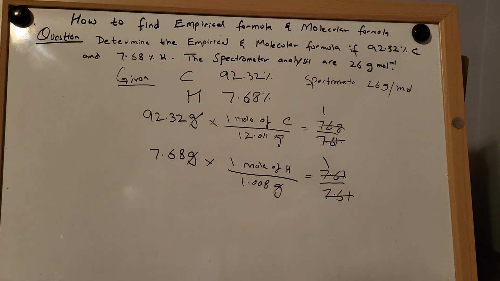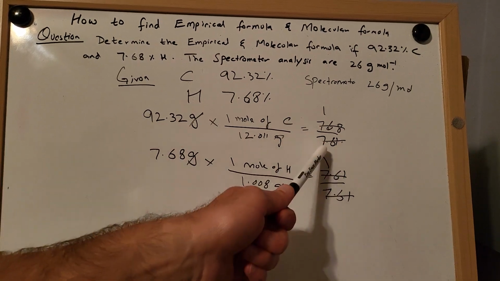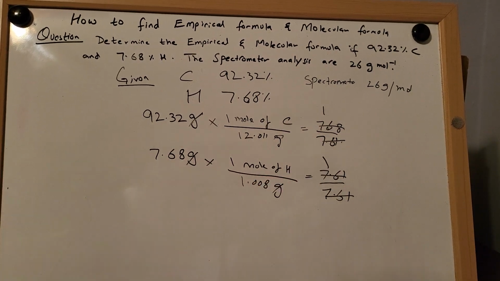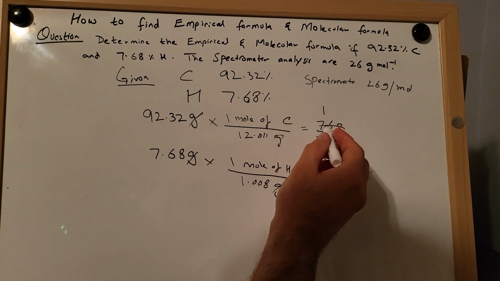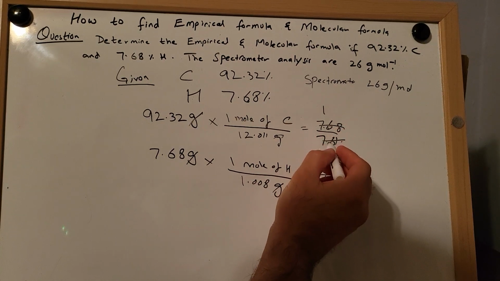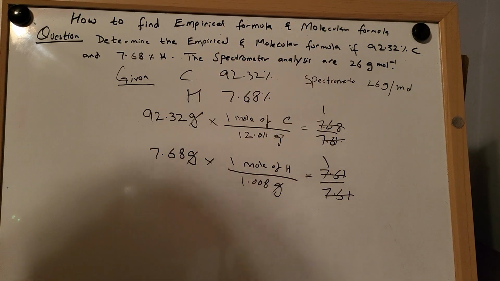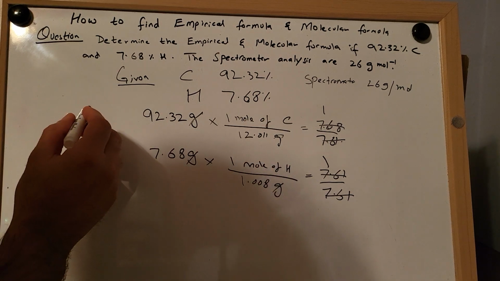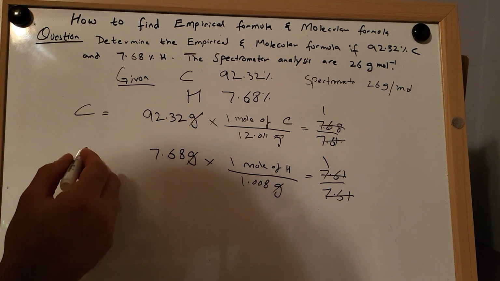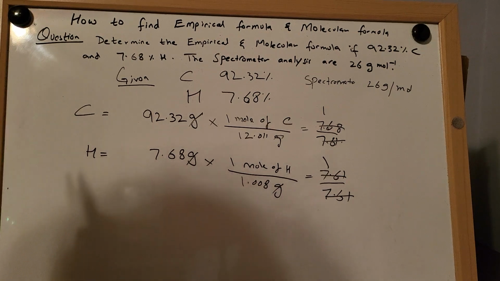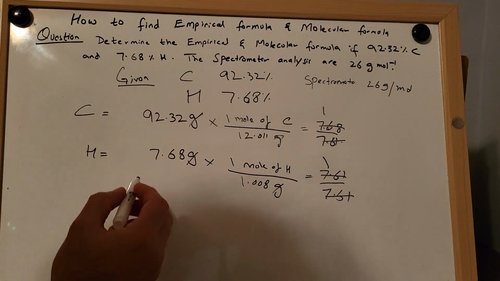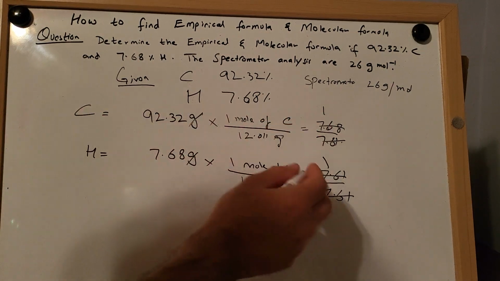When you convert it to a whole number it will be 1, because 7.61 and 7.68 are almost equal. So this one was carbon in the beginning and this one was hydrogen. So we have carbon 1, hydrogen 1.